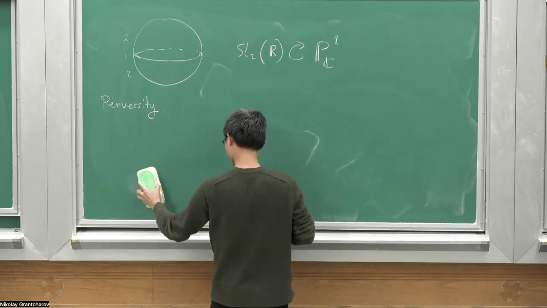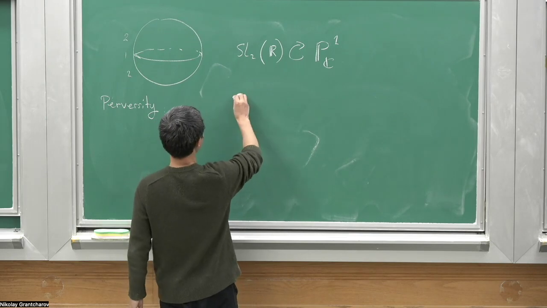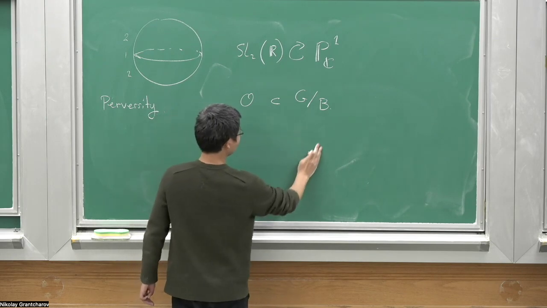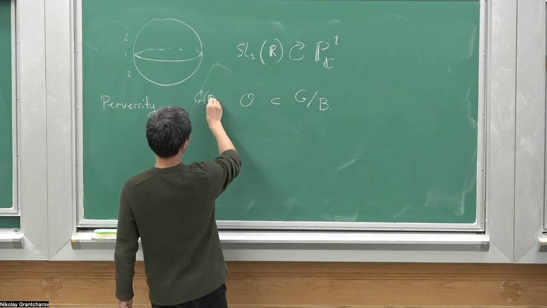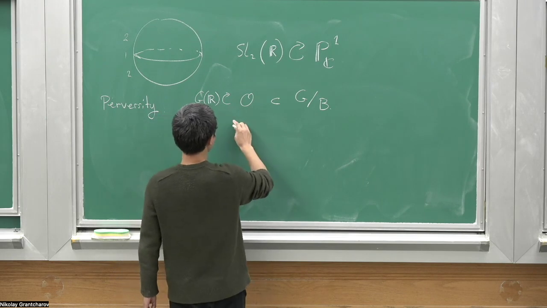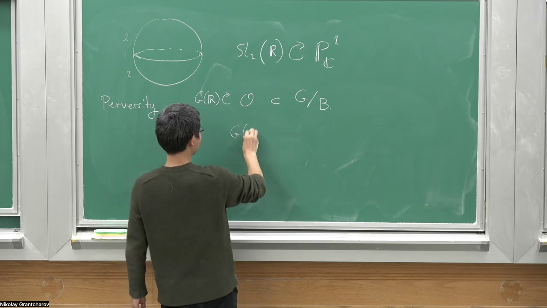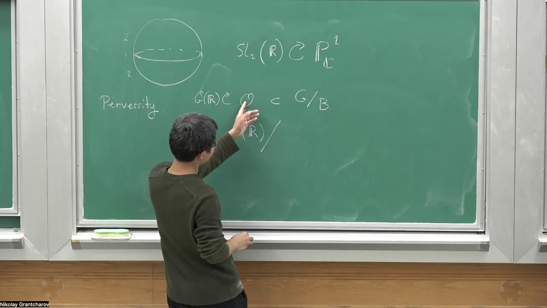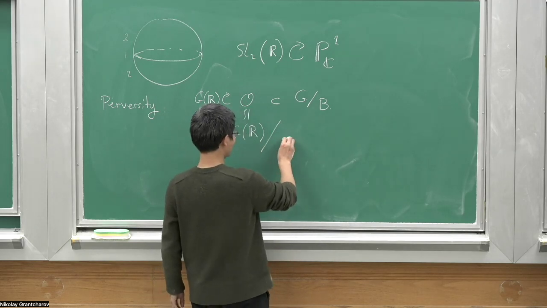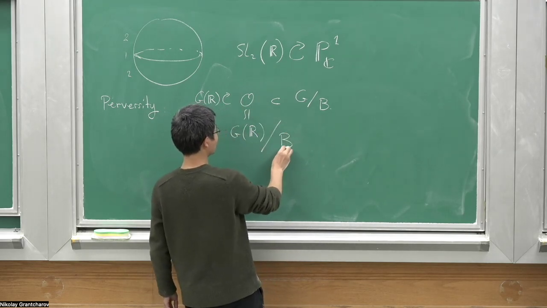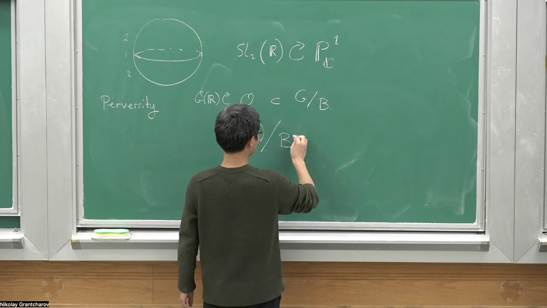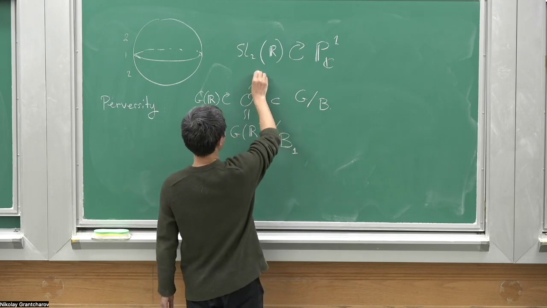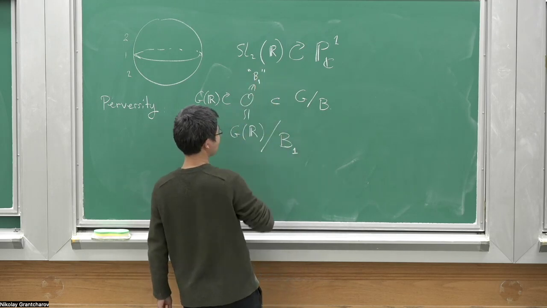Let me introduce this dimension. So I have an orbit, a real orbit. So this can be identified with, if I choose a point in this orbit, it corresponds to some Borel. So this is a homogeneous space of GR whose stabilizer is a Borel B1. So B1 represents a point in O.